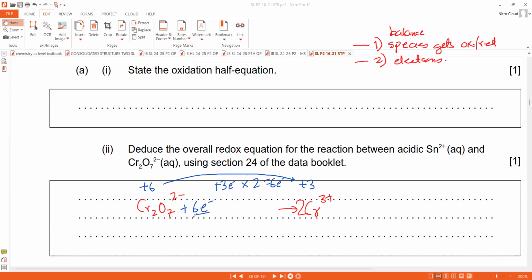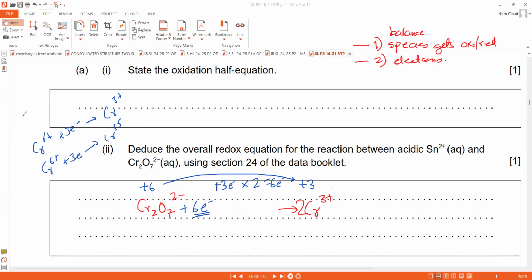Out of the 6 electrons gained, each chromium will take 3 electrons. So there are 2 Cr6+. This gains 3 electrons, this gains 3 electrons. So total 6 electrons gained. So this becomes Cr3+, this becomes Cr3+. So that's 2 Cr3+.